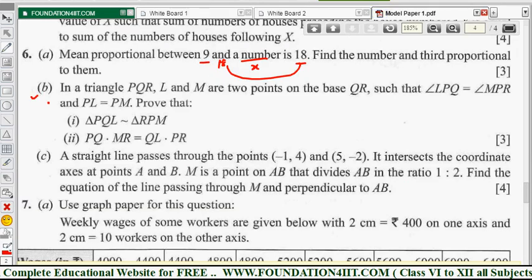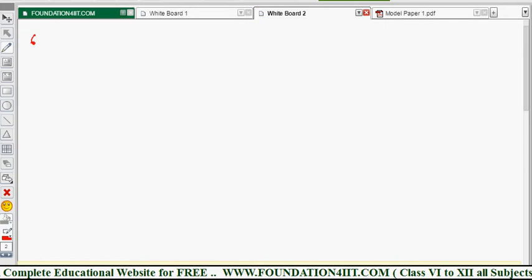In a triangle PQR, L and M are 2 points on the base QR. The condition is angle LPQ is equal to angle MPR and PL is equal to PM. We have to prove these two triangles are similar. So let's take the diagram.